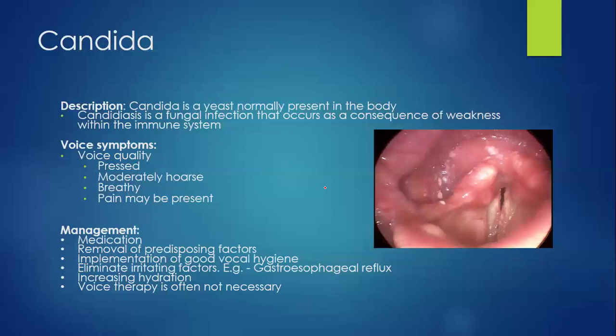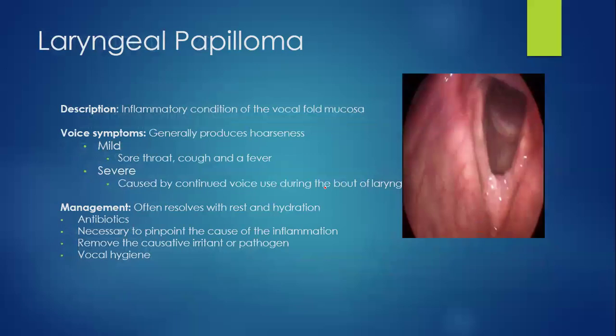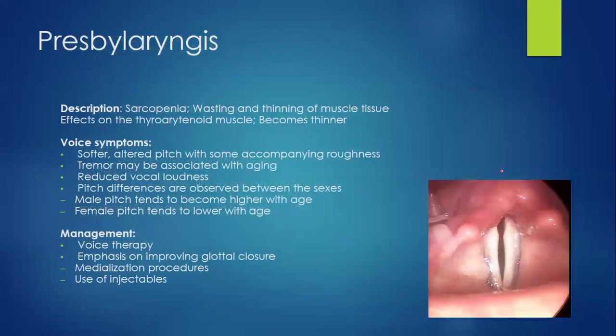And for treatment, medication is used to take care of the yeast infection and the removal of any predisposing factors. All right, so then there is laryngeal papillomas, and I want to point that out here. You're looking at these raspberry-like growths on there, and these are the papillomas. So this is an inflammatory condition, usually as a result of a person having the HPV virus.